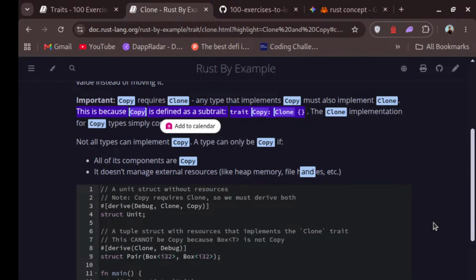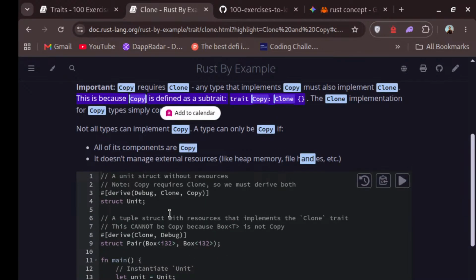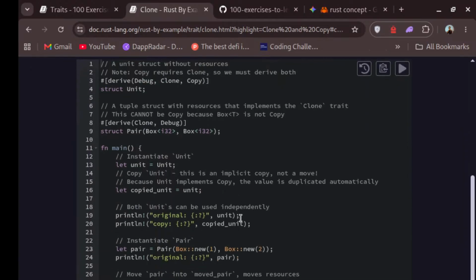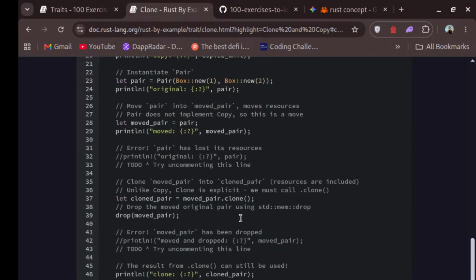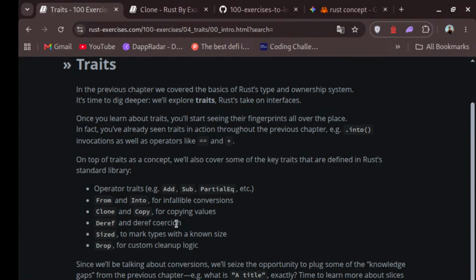A type can only be Copy if all its components are Copy, so it does not manage external resources like heap memory. Here they give a big chunk of code, so it is easy to understand that Copy is just used for simple values.